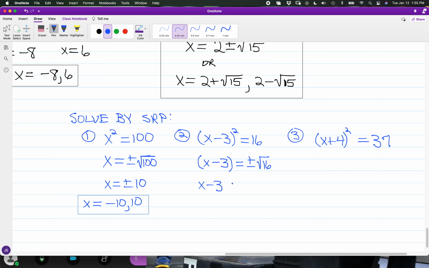The square root of 16 is 4. And if we itemize, one value of x will come from setting x minus 3 to negative 4, and the other will come from setting x minus 3 to positive 4.